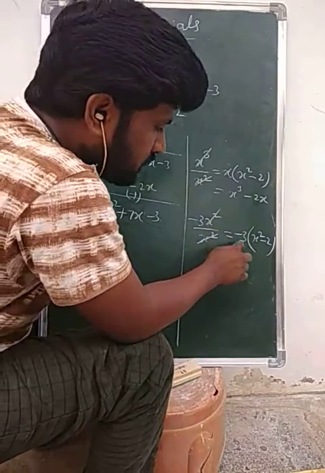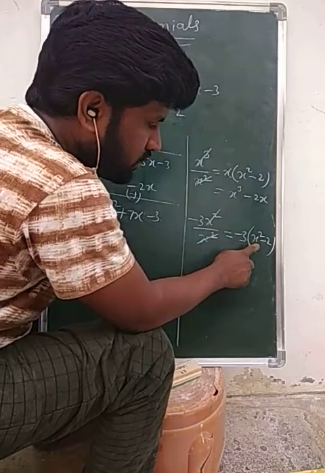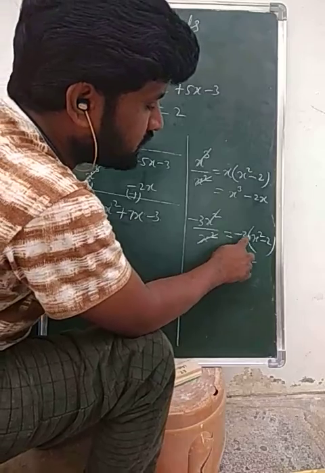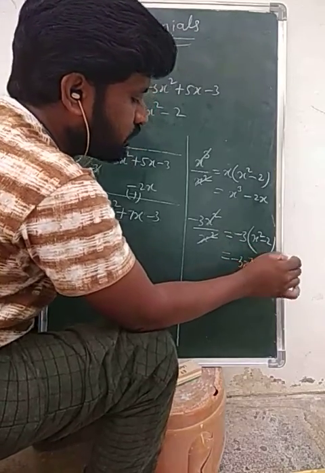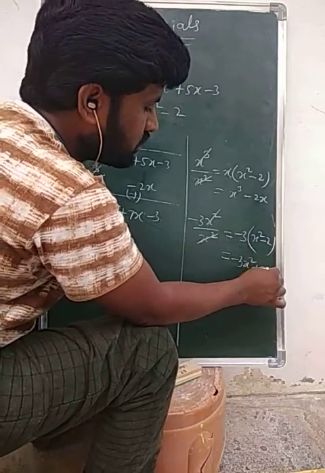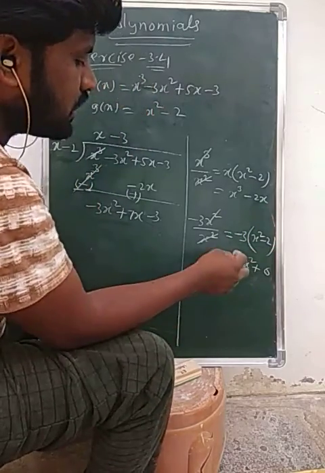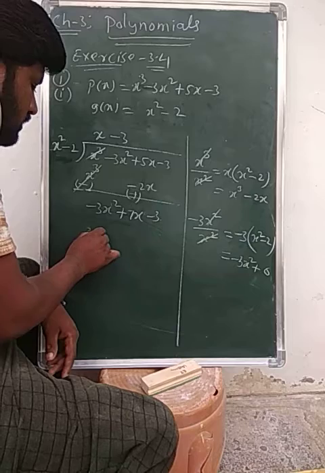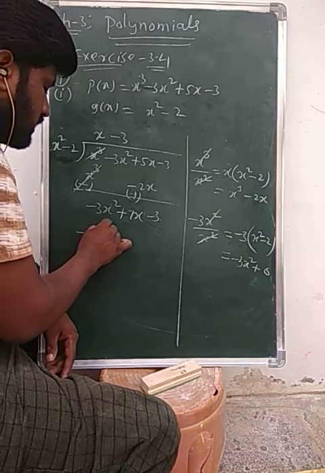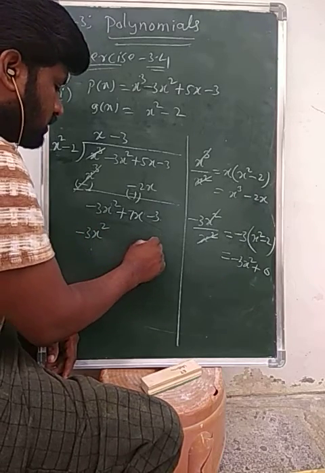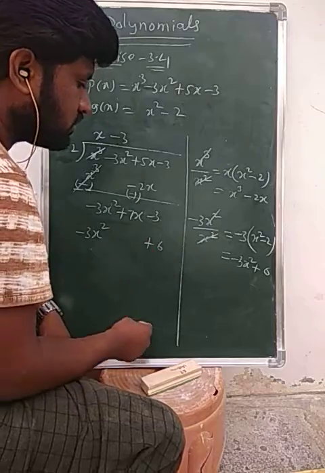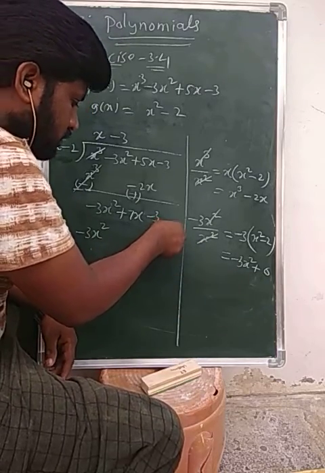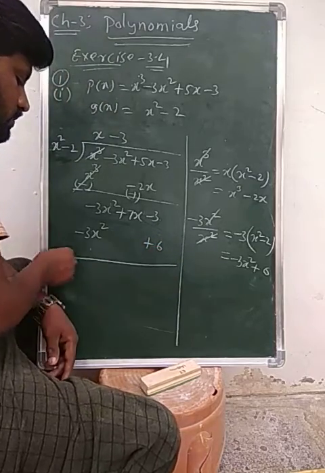Now we get minus 3 into x square, minus 3x square, and minus of minus 2 is plus 3 twos are 6. I am writing this here: minus 3x square plus 6. Minus 3x square, here plus 6 is the constant term.